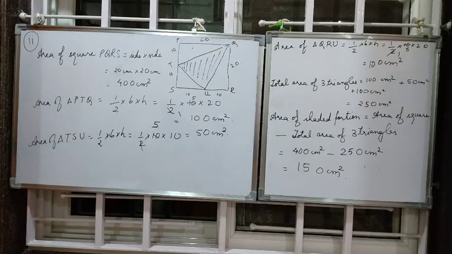11th one is we have to find the area of the given quadrilateral where some of the dimensions are given. So let's do it.